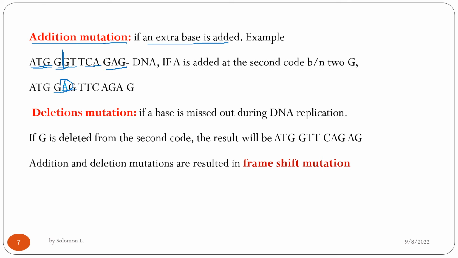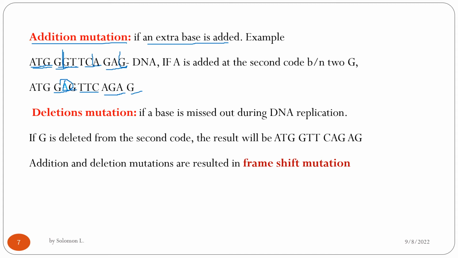Then this thymine will be included in the third codon. So thymine, cytosine. Now this adenine, which was in the third codon, is now taken into adenine, guanine, adenine. Then this guanine will be left alone. So this type of mutation makes a frame shift.